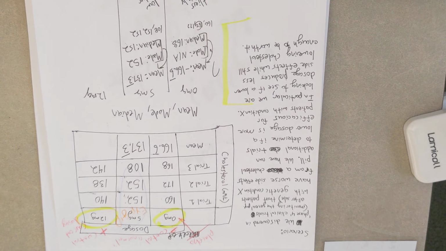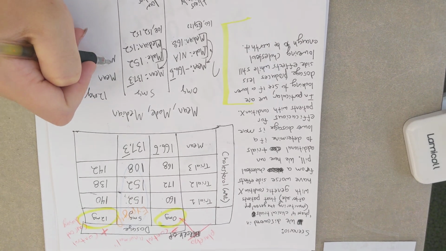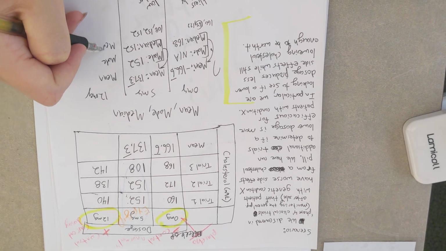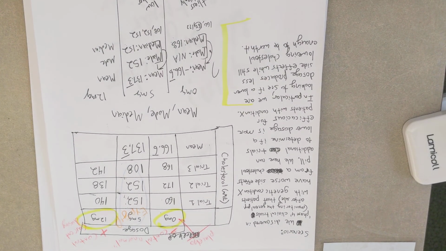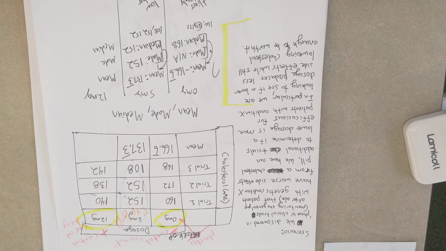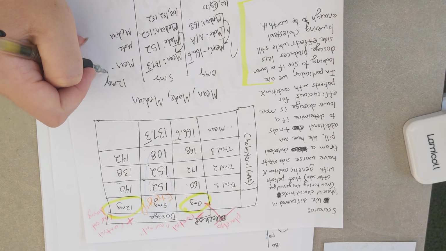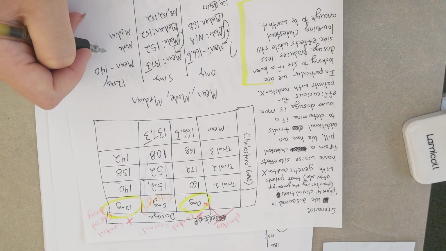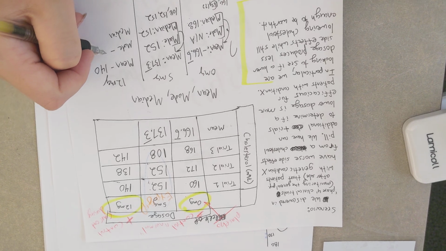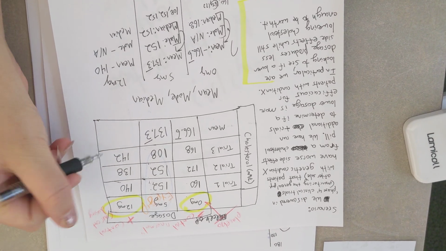So that brings me to my final group, where I will repeat the 3 M's, the mean, the mode, and the median. The mean for my 12 milligrams, my positive control, because that's the current dosage that we know works, is 140. Oh, look at that. My mode is NA, because I don't have any repeating numbers.